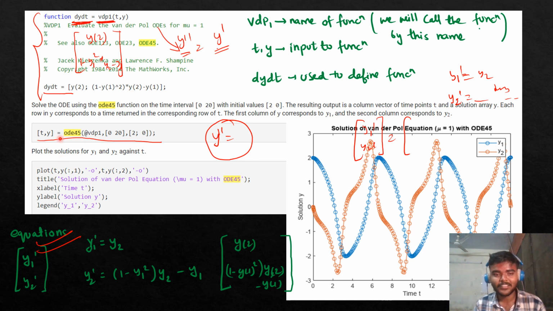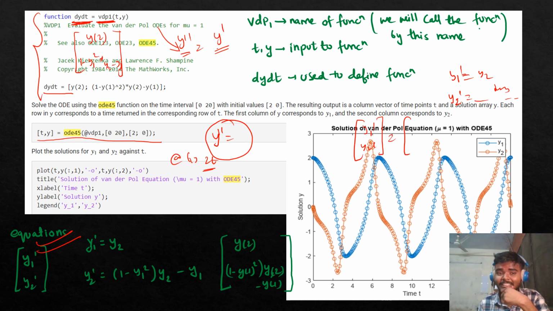So here we wrote ODE45 at the rate VDP1. As I told you earlier, in the previous example we wrote at the rate T, Y, and then we wrote 2t, whatever was on the RHS. Now we wrote that one only, 2t in place of this.